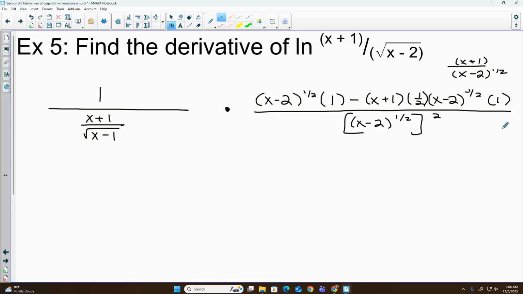So this one is ugly because of the quotient rule, not because of the log. We've cleaned up things similar to this before, so not a big deal. If we have 1 over a fraction, we can flip and multiply, so we just get the square root of (x minus 2) over (x plus 1). Oh, hold on, that's supposed to be an x minus 2 under my radical.